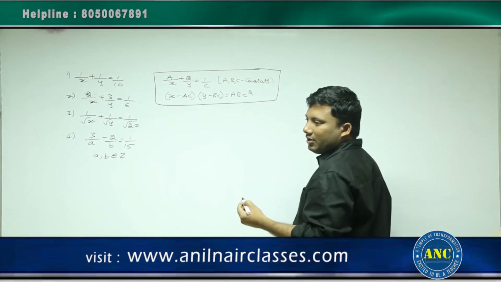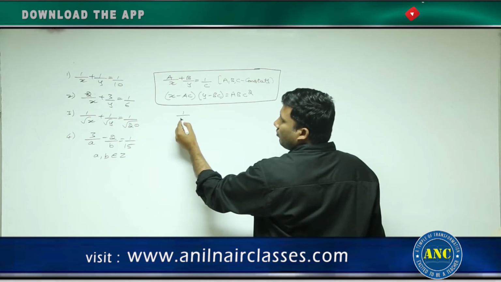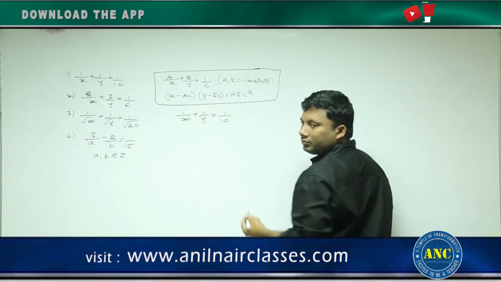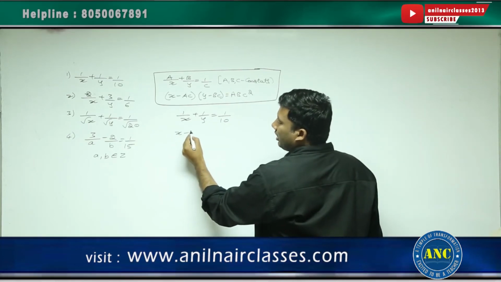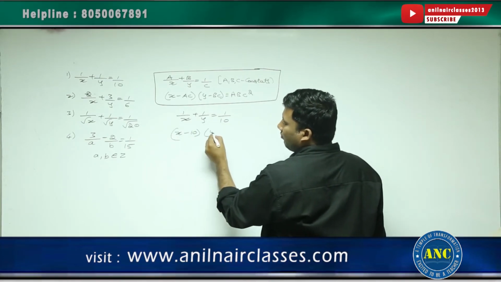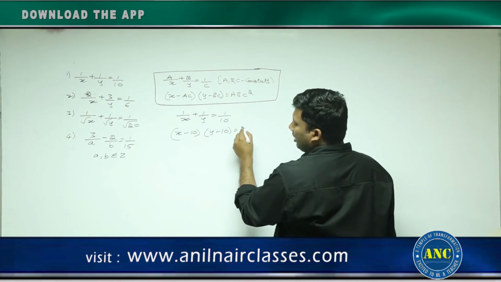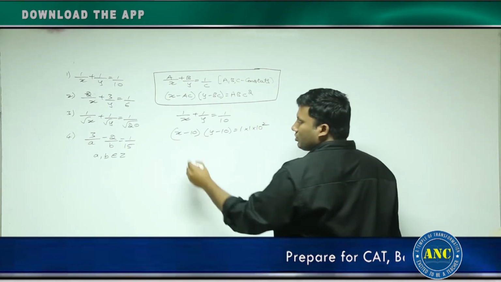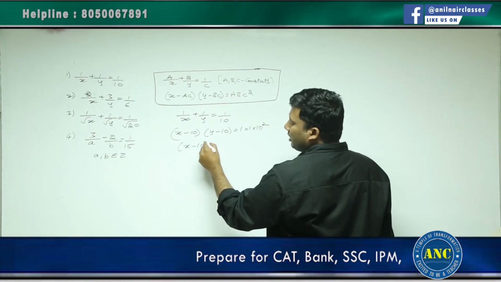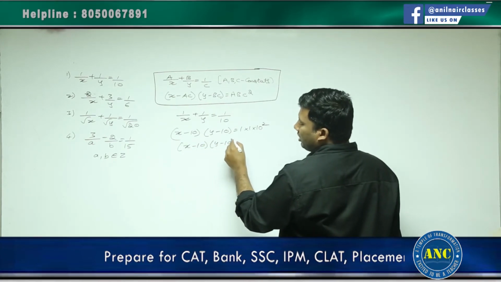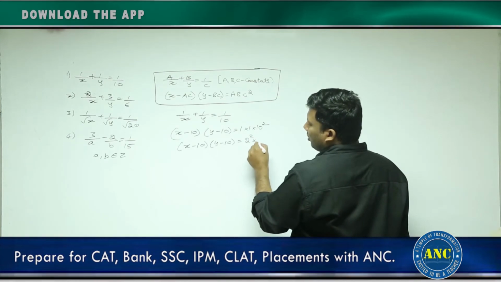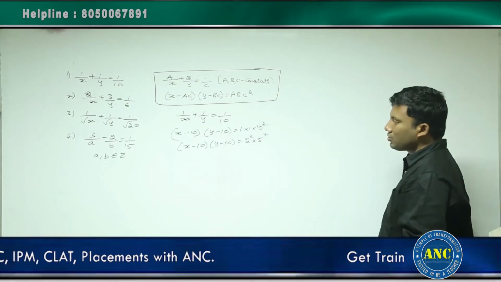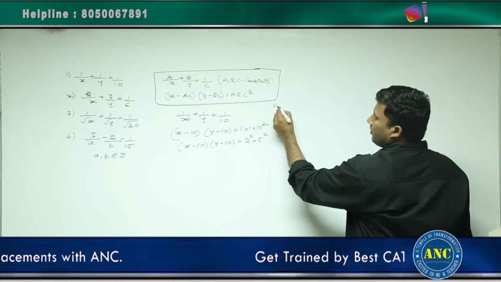Don't waste your time in taking the LCM. 1 by x plus 1 by y equivalent to 1 by 10 is nothing but x minus 10 into y minus 10 equivalent to 100, which is 2 square into 5 square.